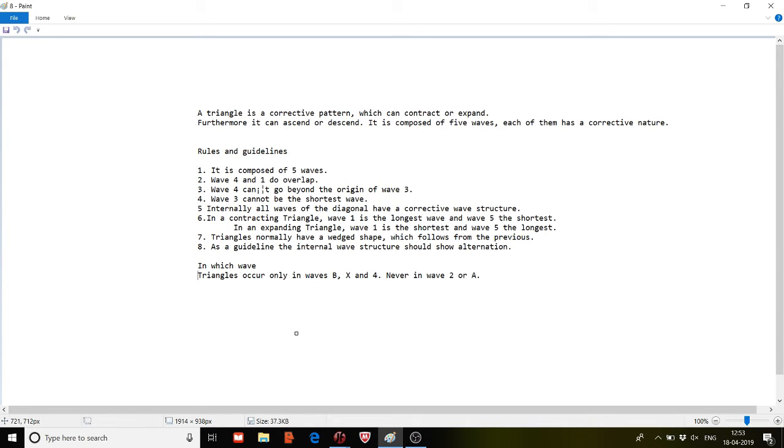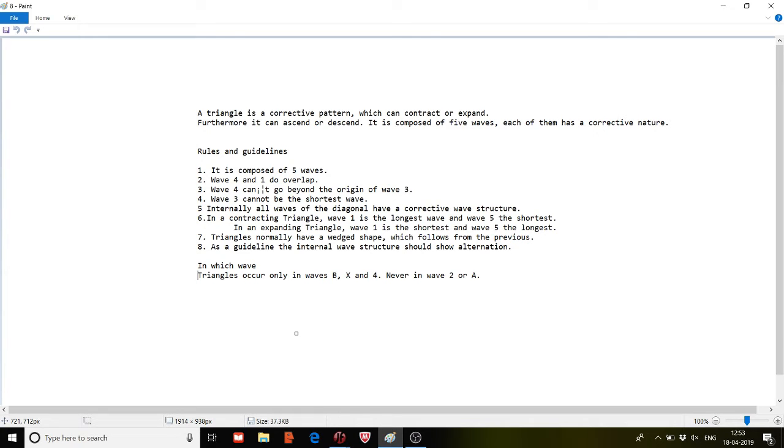So that's why you can look out for this kind of pattern in wave B, in the corrective pattern. If you remember, in the corrective pattern we have the 3 wave structure, wave A, B, C, and in that wave B this pattern can occur, and also in wave 4.